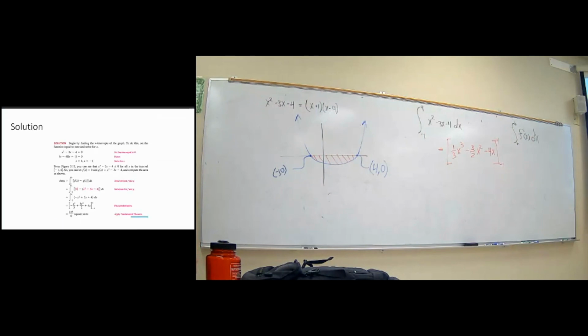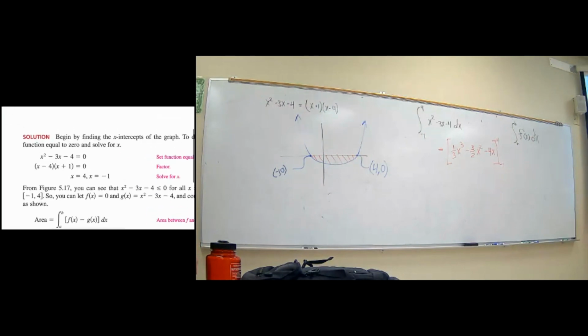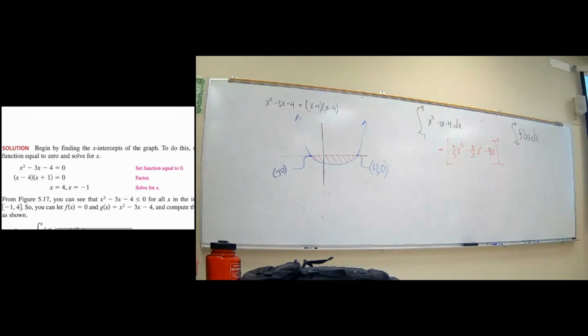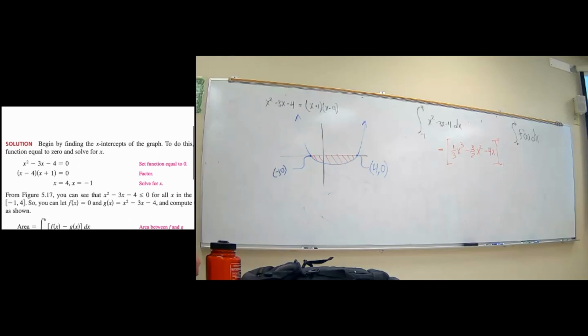Now, they do something a little bit different here. They go ahead and factor everything out like I was talking about. But they argue that you have one function that's a constant, f of x equal to 0, and another function that is our function in question. So when we set this up, obviously 0 is larger than our function x squared minus 3x minus 4.